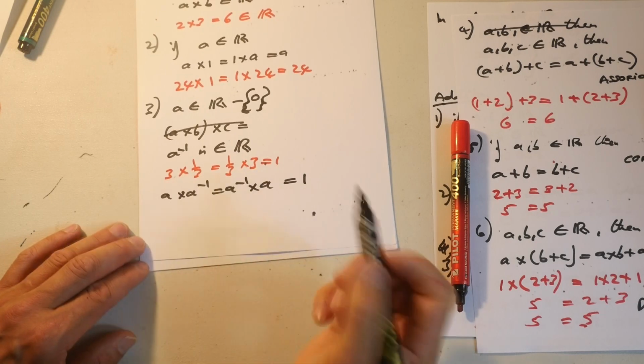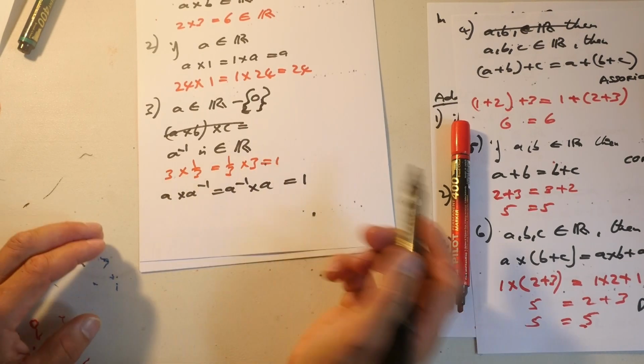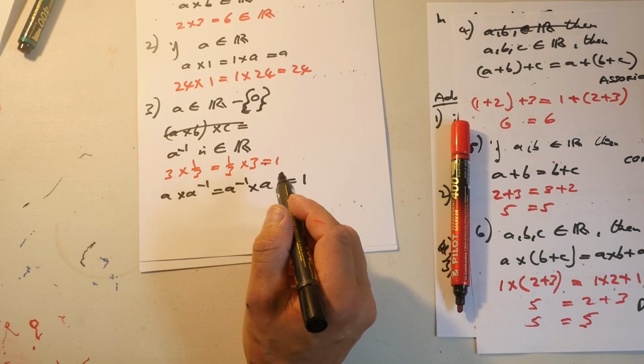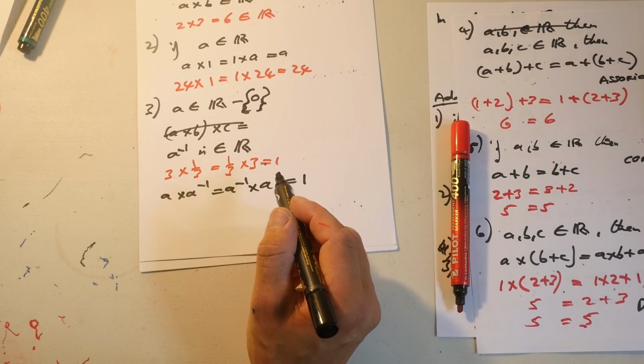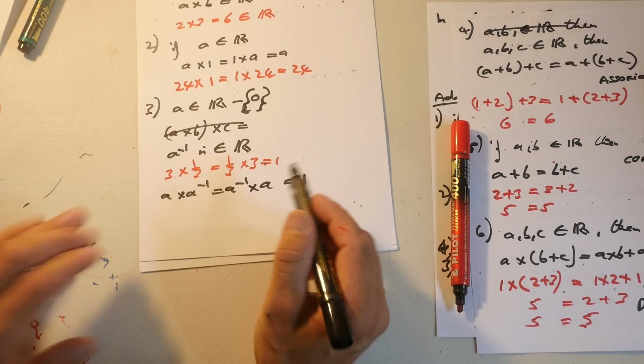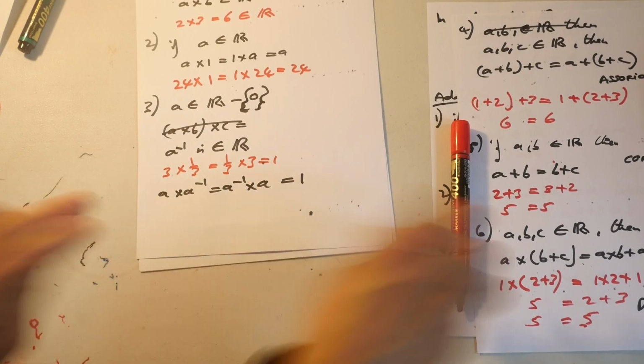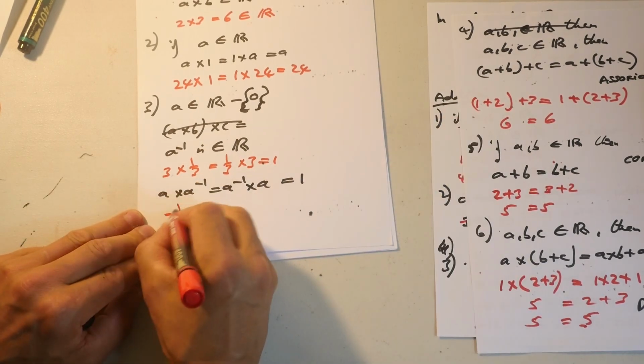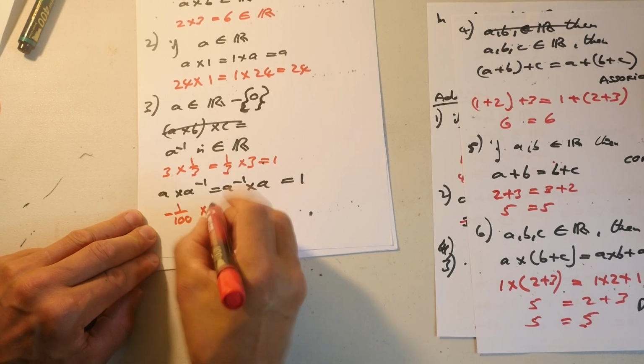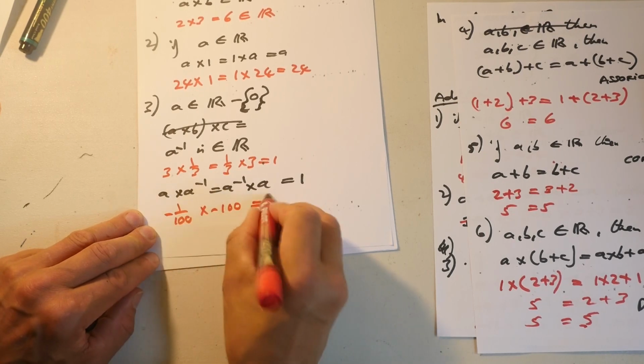Okay? Or 1/5 times 5 equals 1, or 1/100th times 100 equals 1, or minus 1/100th times minus 100 equals, for example, minus. Okay.